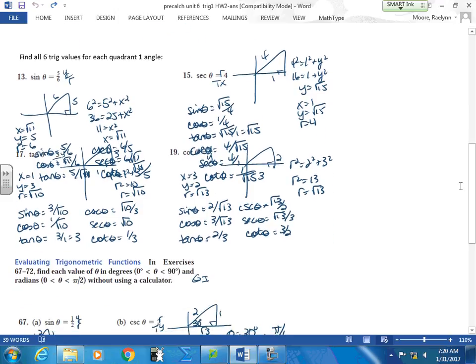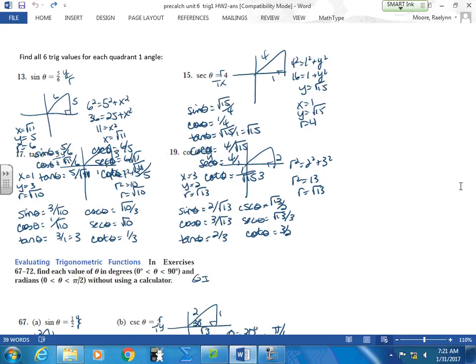All right, let's see if we can make heads or tails out of this. These are important. We gave you a function, and usually they have to tell you what quadrant it's in. If my sine is equal to 5 over 6, why do I have to tell you what quadrant it's in? It's positive. Why do I have to tell you? Where would you go to put it?